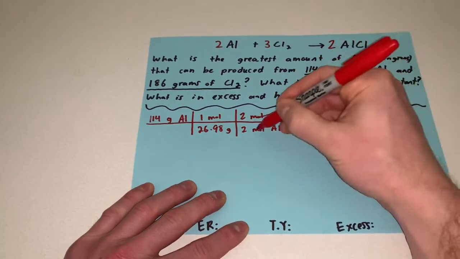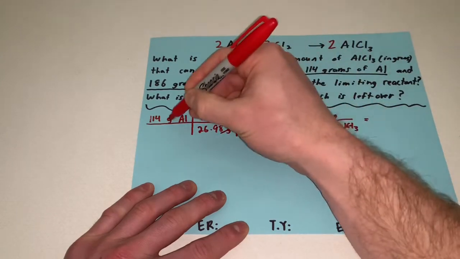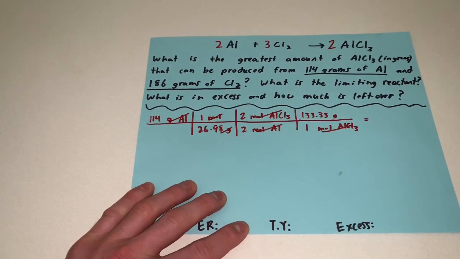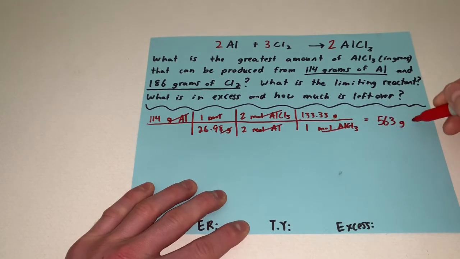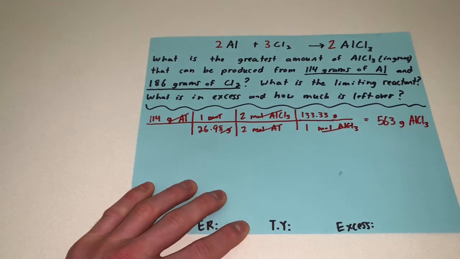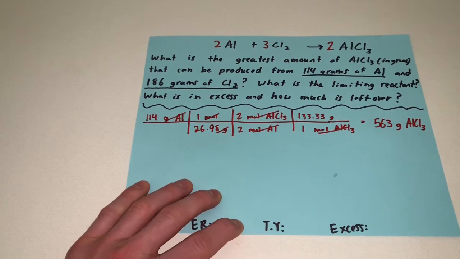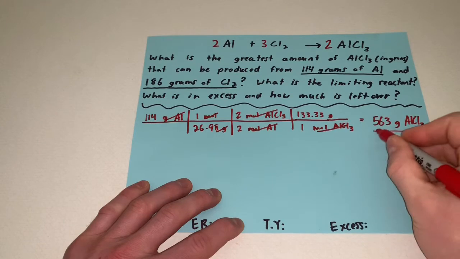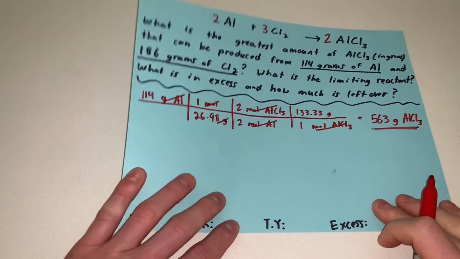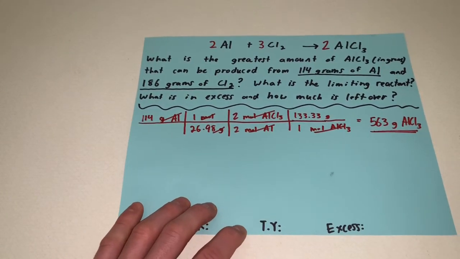So once we plug this in, we cancel out all these units. That's going to give us how much aluminum chloride we can produce, which comes out to 563 grams of aluminum chloride. So with 114 grams of aluminum, we could potentially produce 563 grams of AlCl3.